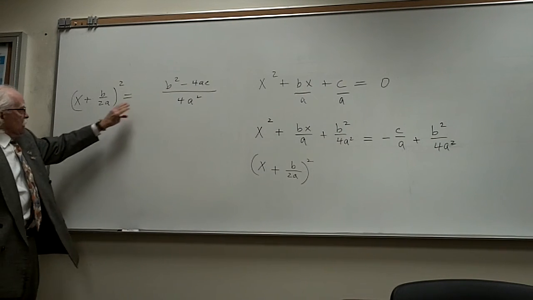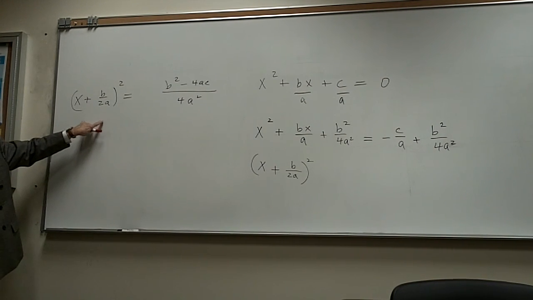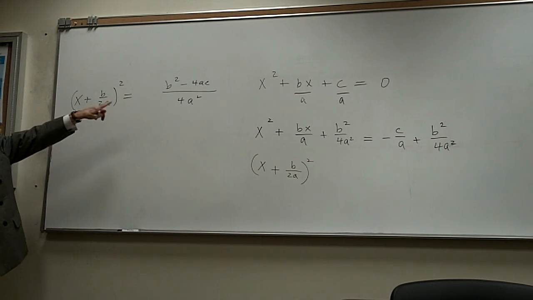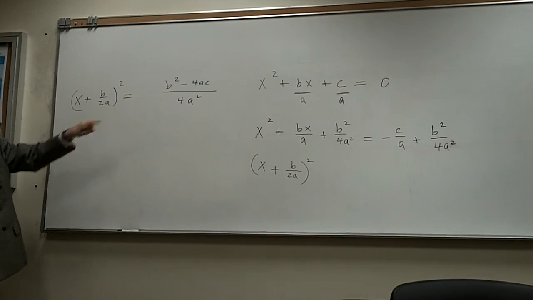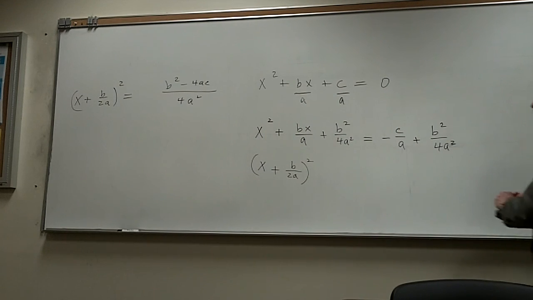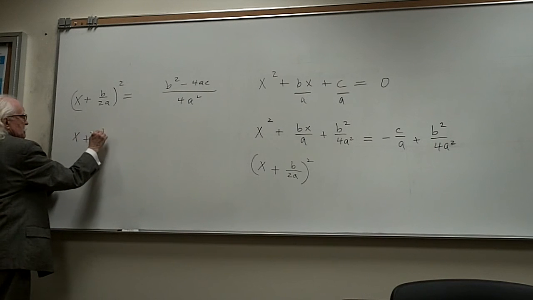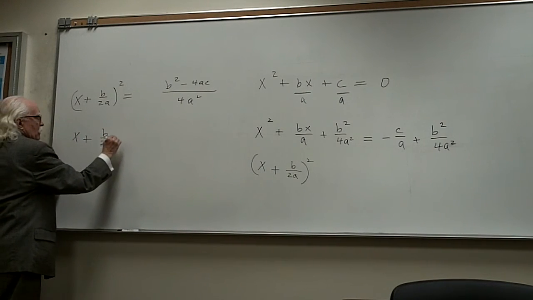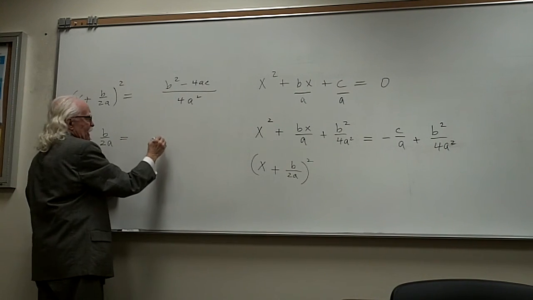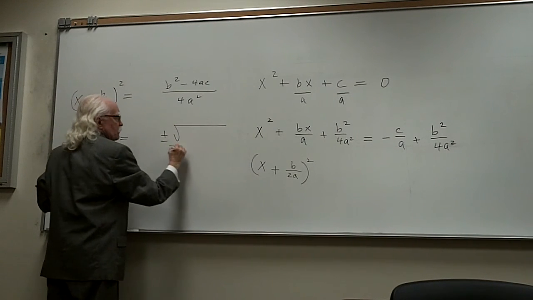Now, take a look at this, folks. You now have it in the situation where you can solve this problem by square roots. If I square root this side, I must square root this side, right? I'll do them individually.